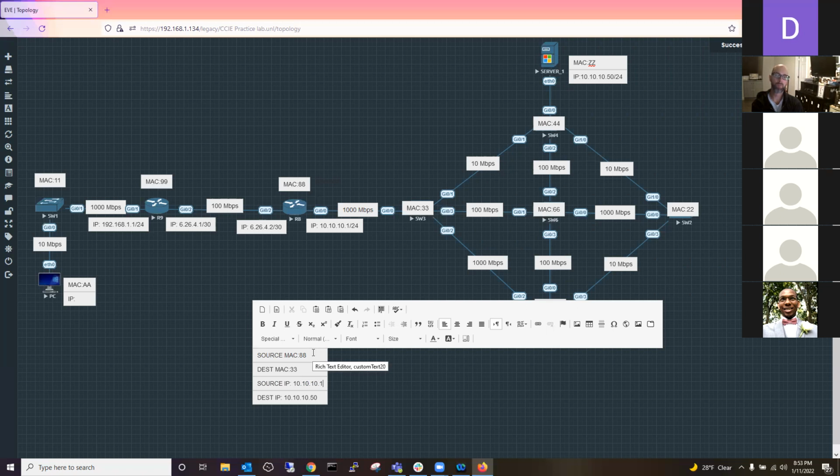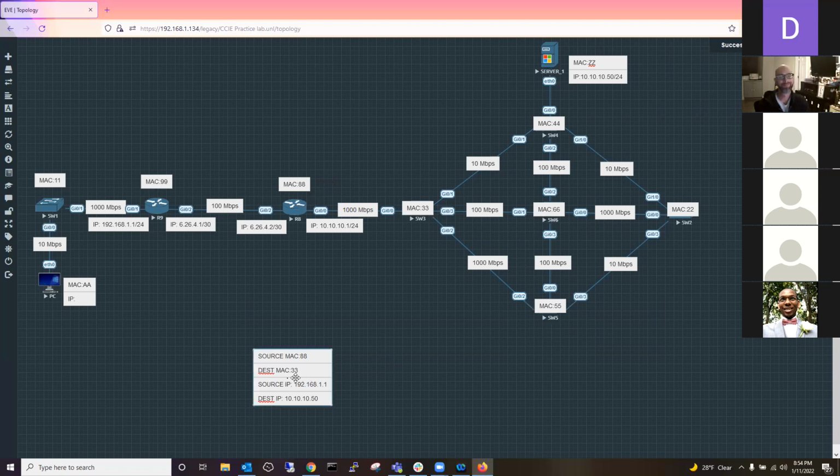The source will be the IP address of R9's inside interface, because that's where it's coming from, and it needs a way back. And the destination IP address will not change. It'll still be for Server 1.